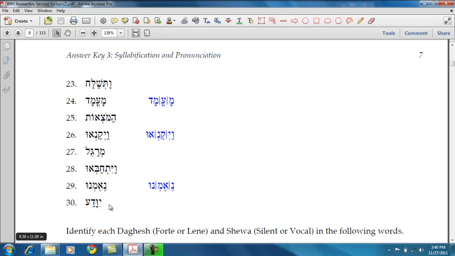Number 30 is a little tricky one right here because you got to remember that Hebrew syllables have to start with a consonant. And you may think this is a shuruk right here, a vowel, but this is actually a doubling of the vav. So it's not a vowel, it's actually a doubling of the consonant vav.